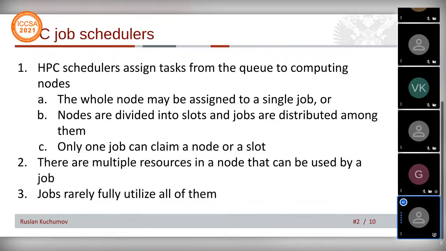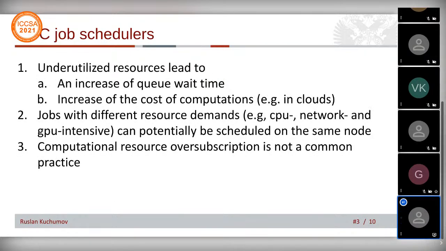The alternative approach of co-scheduling allows scheduling multiple jobs on the same computational node, given that they do not interfere with each other. But of course, this approach is not commonly used, because jobs may interfere and actually cause performance degradation, which sometimes may overshadow the performance benefits from this approach.